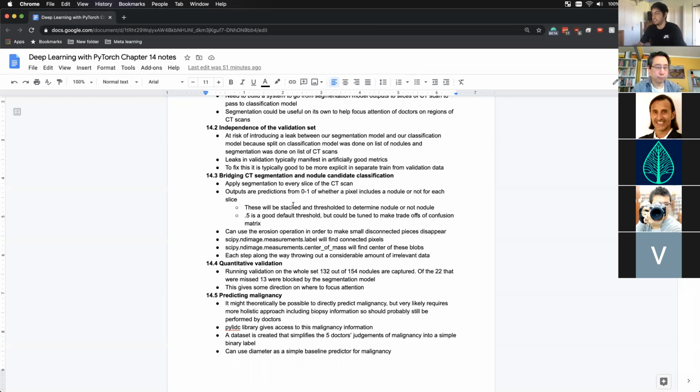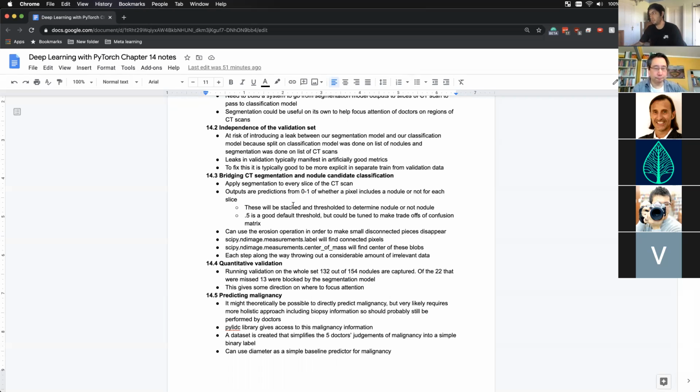And so the actual physical output of that is predictions from 0 to 1. So we were using that sigmoid layer that constrains it to be between 0 and 1. And for each pixel, it's telling us, is this a nodule or is this not a nodule? And then eventually we want to stack these all together back into the original image.